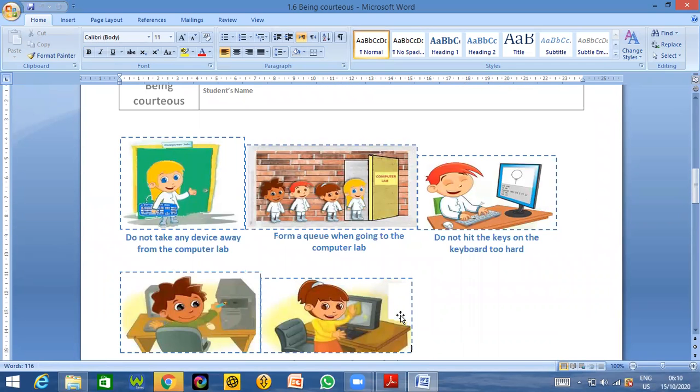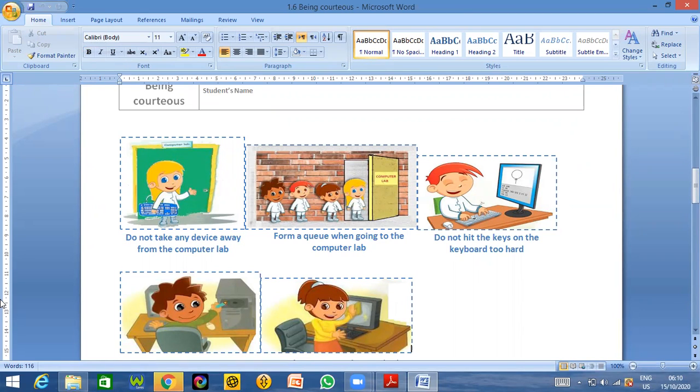Do not take any device away from the computer lab. We should not take the mouse or keyboard. This is not courteous. You should keep the computer lab things inside. You should not steal them.